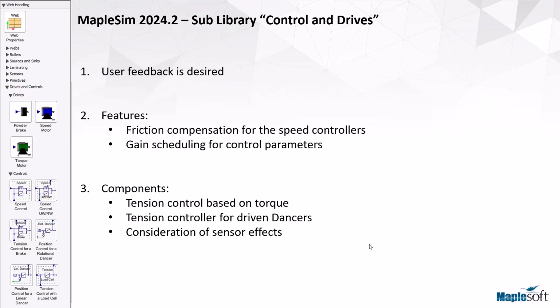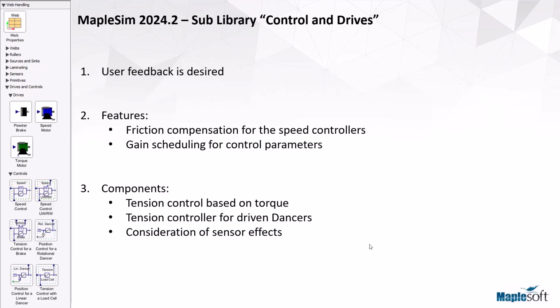It's also an often used method in PLCs, and new components for sure. For example, right now all the tension controls are based on speed. That means the output of a tension controller is speed. But you can also have a tension control based on a torque output. So this is also one of our next steps.